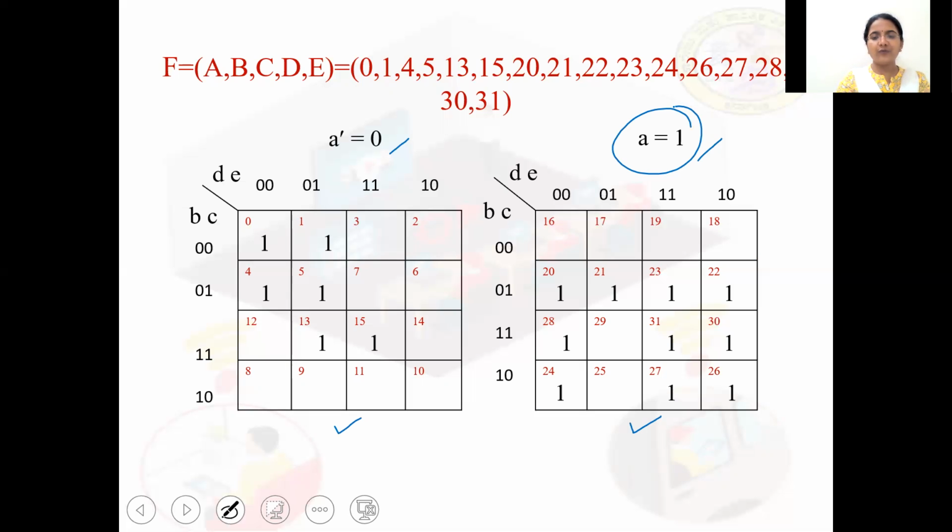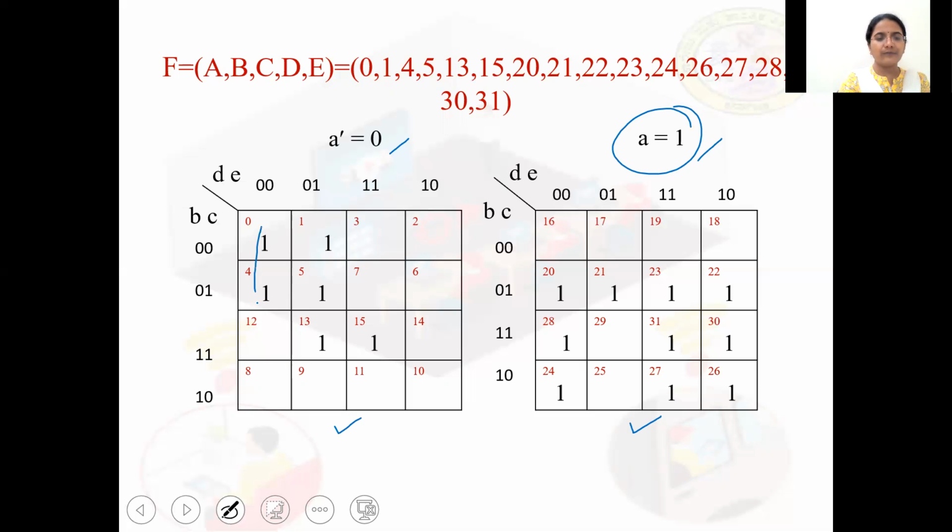And 28, 24, 30, 26 forms another quad. Then we have to think about 13 and 15. We can group 13, 15 with 13, 15, or we can go for 15 and 31.